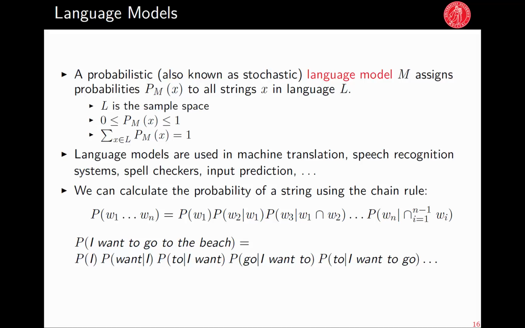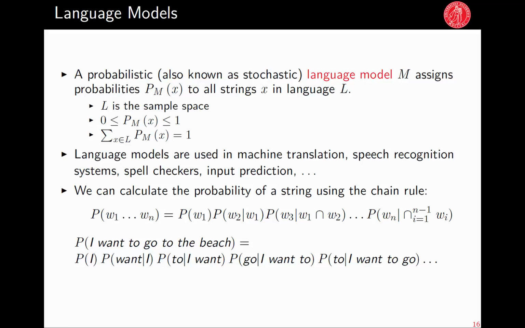So we'll say X is a sequence of words W1 to Wn. We can call that a sequence of events, the event of putting W1 into the first position of a sentence, and so on. And we'll use the chain rule to compute the probability of the string, the sentence as a whole, as the probability of the individual words in the context where they occur, so conditioned on the string up to that point.